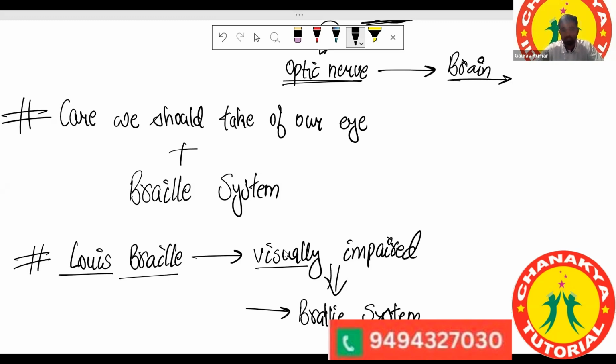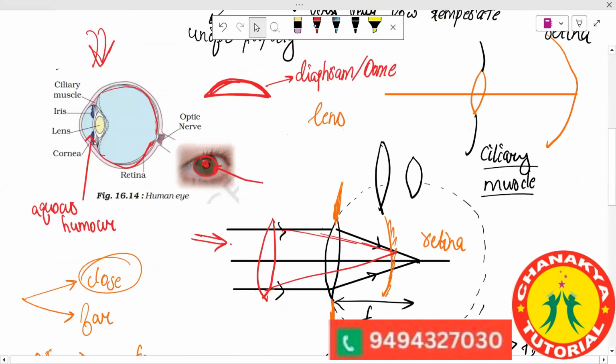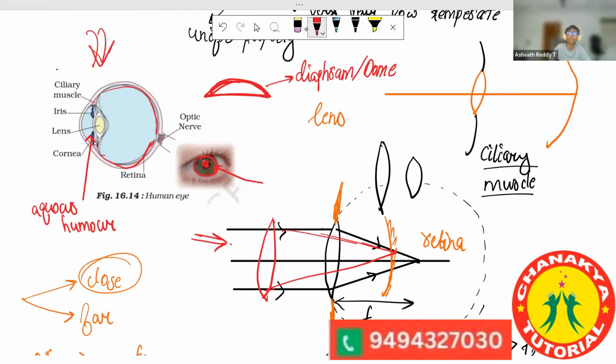Okay, there are two or three things only. First, there also exists a blind spot. It is a part of the eye where no light can be passed, or no light is reflected, and we cannot see.